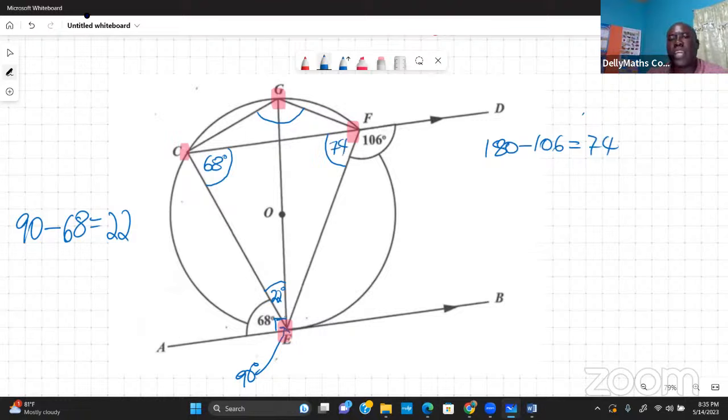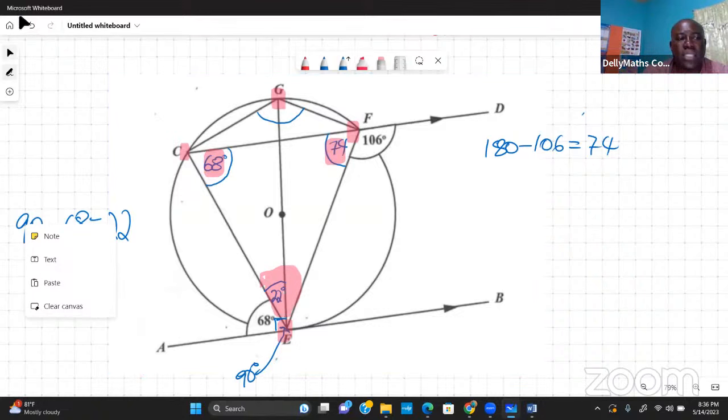Then I could put together 74, 68, and deal with all of this angle right here. Why? Opposite angles of the cyclic quad add to give 180.